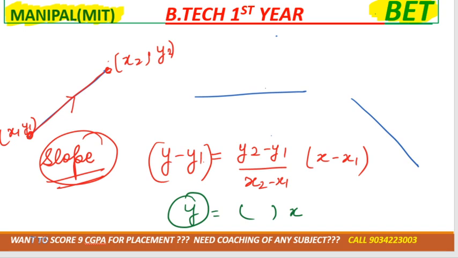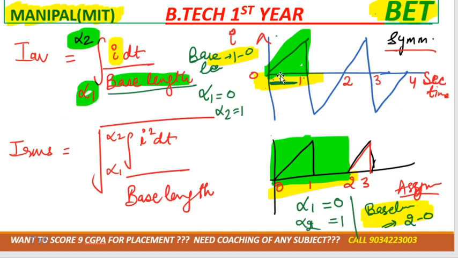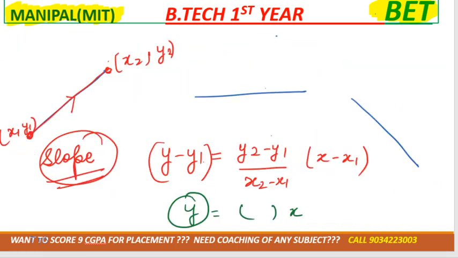Here the y-axis is the current. So in this case, later on we can replace y is current and x is the time. So after solving it, we'll get the current equation means I value, right?